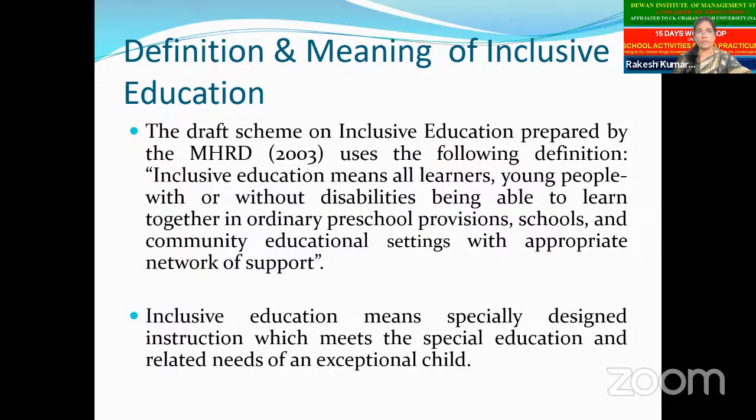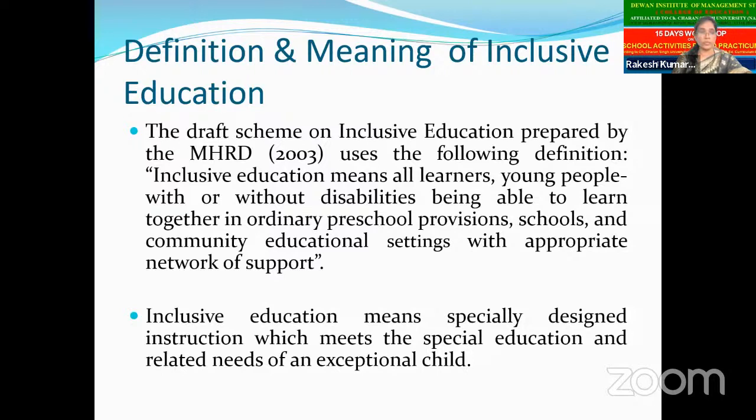Next, moving to the next slide, we can see the definition and meaning of inclusive education. It refers to an education system that accommodates all children in spite of their physical, intellectual, social, emotional, linguistic, and other conditions.